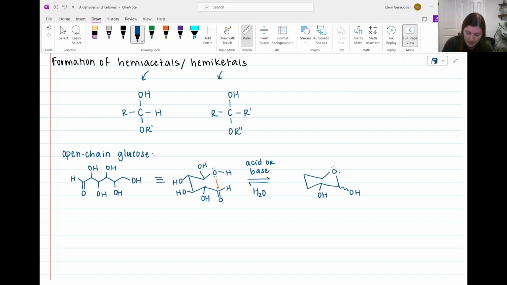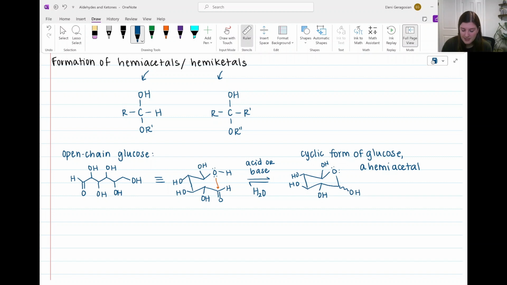And then all the other alcohol groups are still present. So this is now the cyclic form of glucose. This is a hemiacetal.